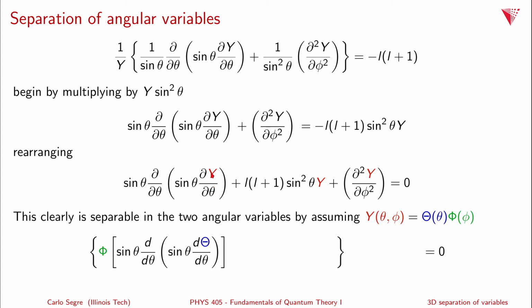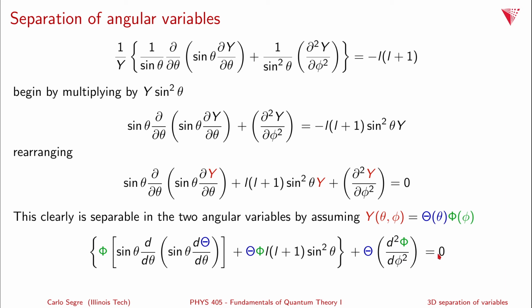When we do this substitution for Y and we carry out the part that doesn't depend on theta, we get capital Phi times the quantity sine theta times d by d theta of sine theta d Theta d theta, plus capital Theta, capital Phi, times L(L plus 1) sine squared theta. That is all the theta dependent part. And then plus capital Theta d squared Phi d phi squared is equal to 0.